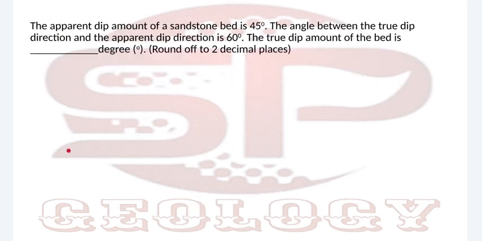The apparent dip amount of a sandstone bed is given, alpha, as 45 degrees. The angle between the true dip direction and the apparent dip direction is beta, given as 60 degrees. So you have to calculate the true dip amount of the bed, that is theta.